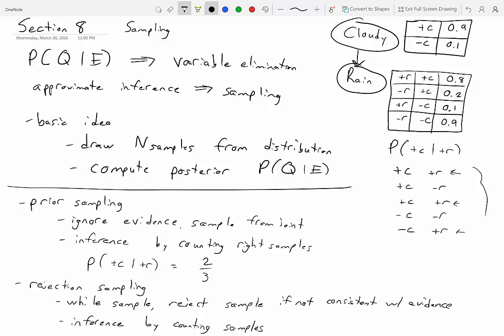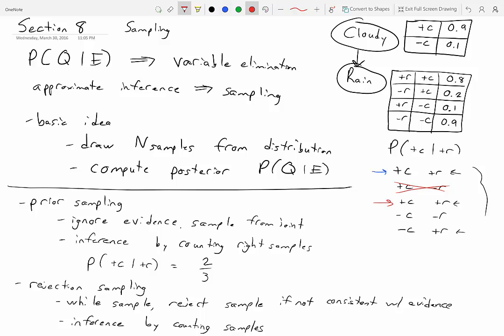So let's look at the samples I drew above. I'm trying to compute the probability of plus C given plus R. Okay, so I go here, so I'll do this in blue, and plus C given plus R matches my evidence, so it's all good. Now I go here, so I start to sample plus C, and then I sample minus R, and this is not consistent with my evidence, because I assume plus R, so then I would ignore that sample.